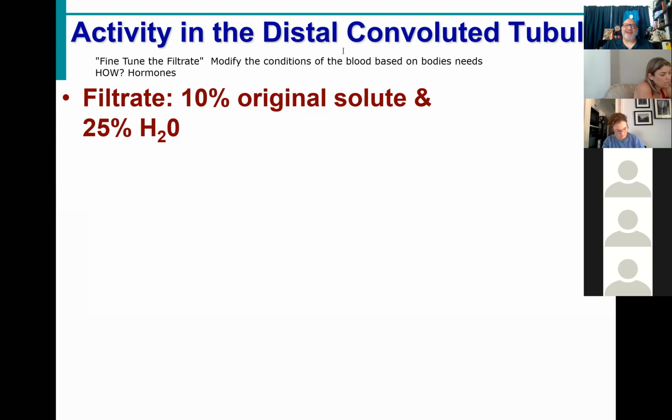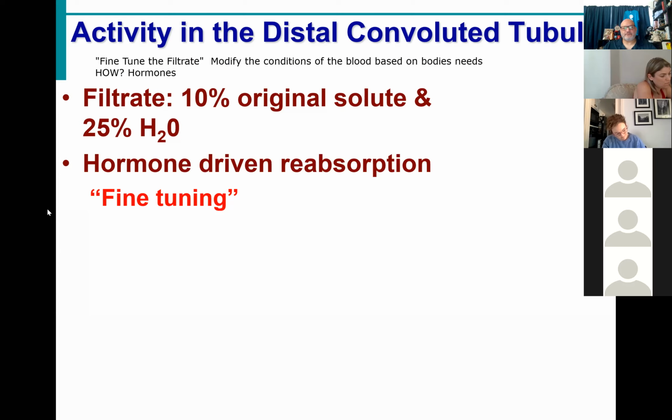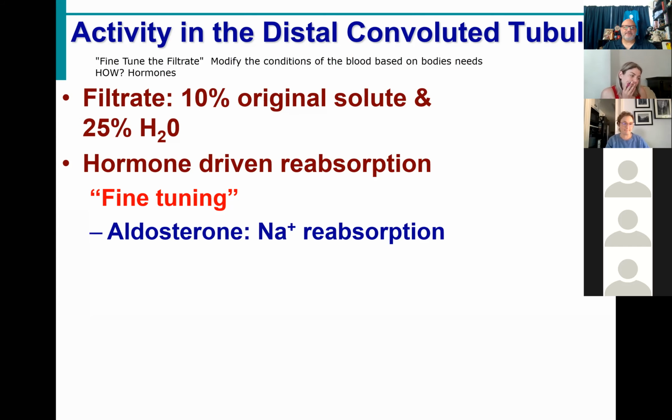It only has about 10% of the original solutes that were inside it, and only about 25% of the original water. So again, a vast majority have already been brought back. But we're going to use hormones to tell the kidneys what else we need. Right? And we've talked about many examples of this in the class. We have all of the glucocorticoids.